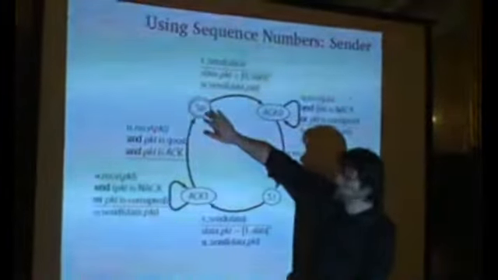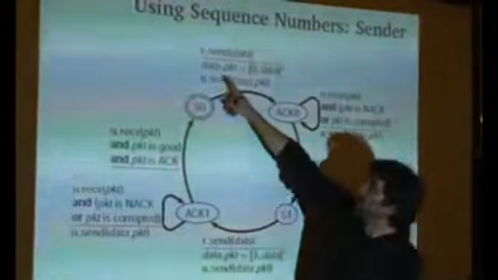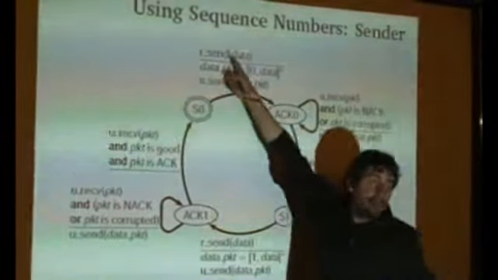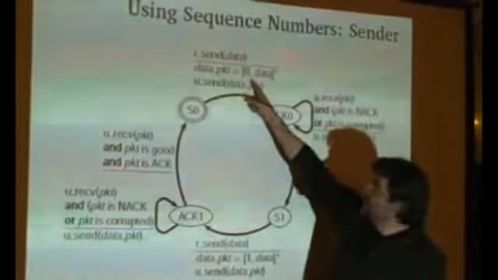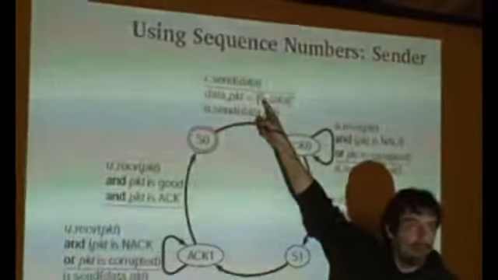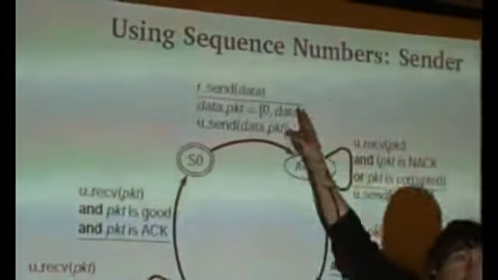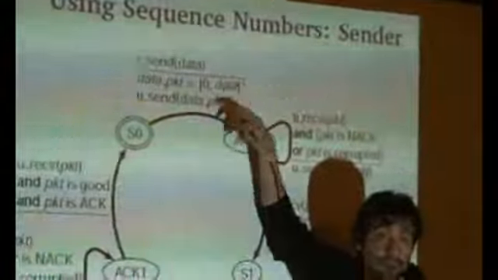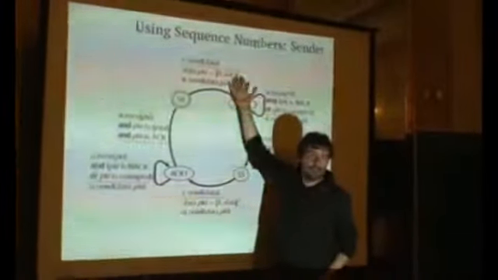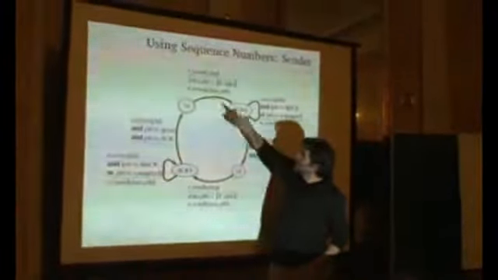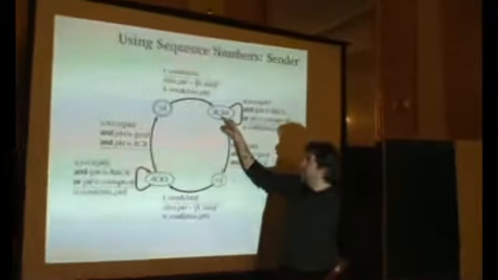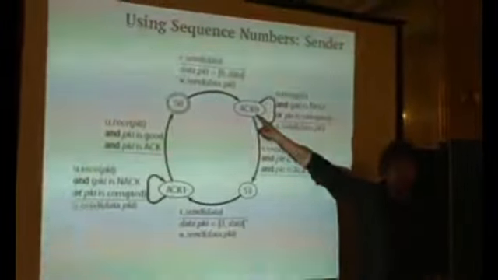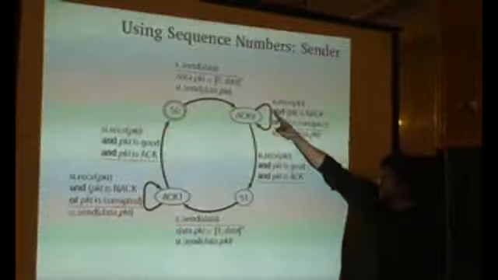We start in state 0. We produce a data packet, so the application sends us some data. We produce a data packet that contains the sequence number 0 and the data, and it's all error correction or detection protected. We send it, and then we wait for acknowledgement 0.